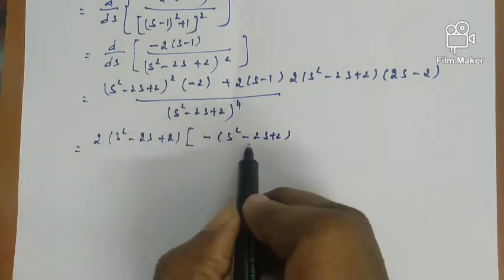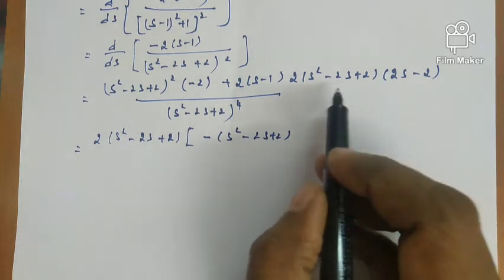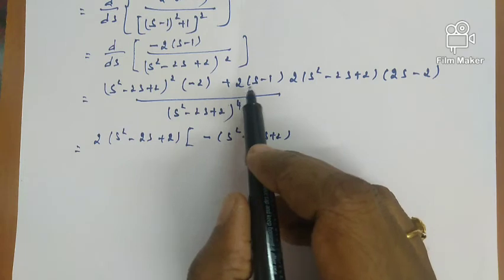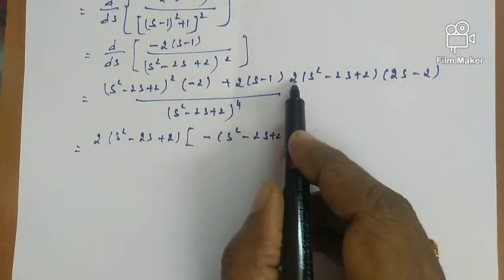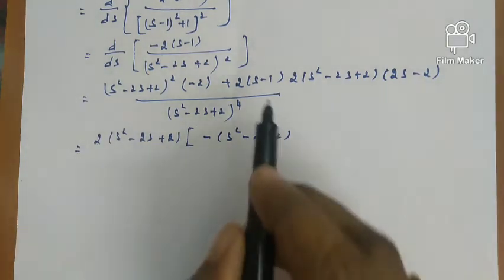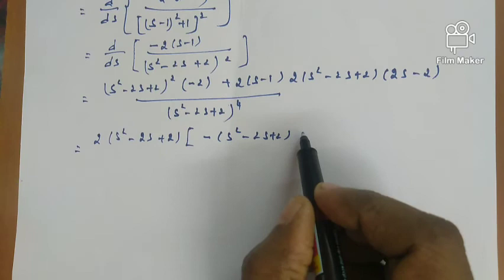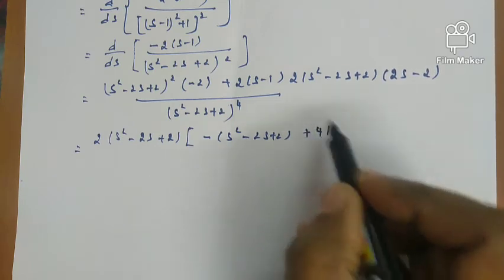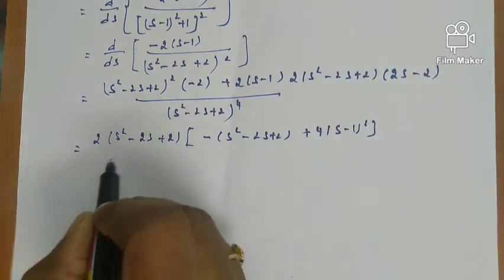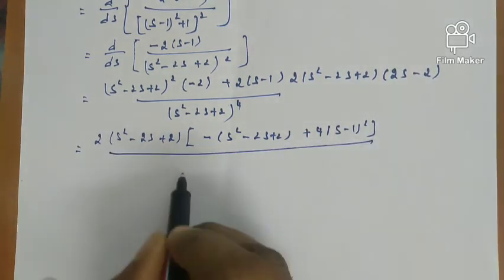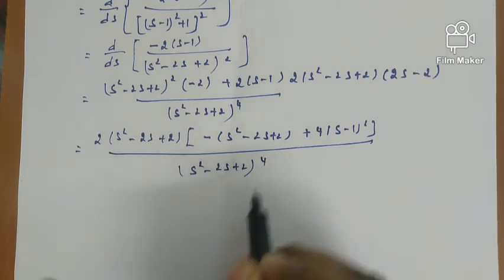And here, look at this one, 2 into 2, we can get only 4. Here already we have taken 2, and this term also we have taken. If you are taking 2 outside, already one 2 is there, so plus 4 (s minus 1) (s minus 1), (s minus 1) the whole square, whole divided by (s square minus 2s plus 2) whole power 4.